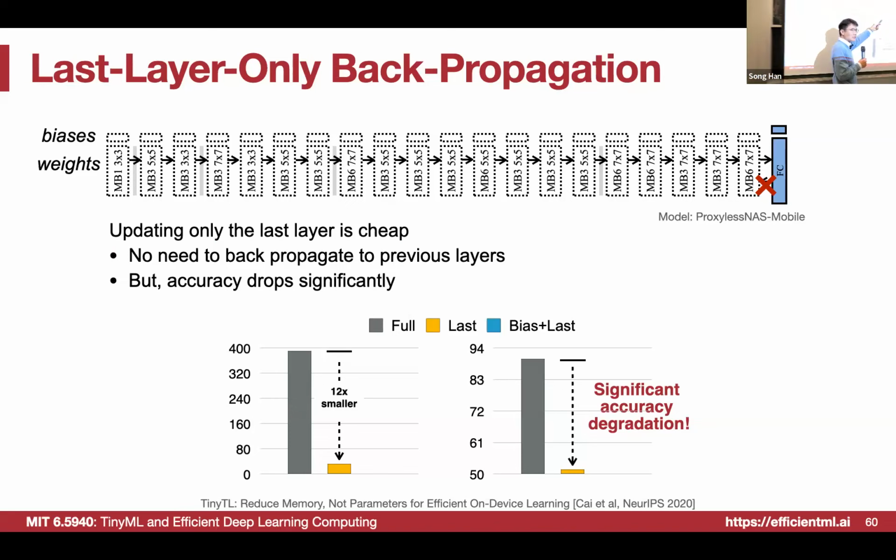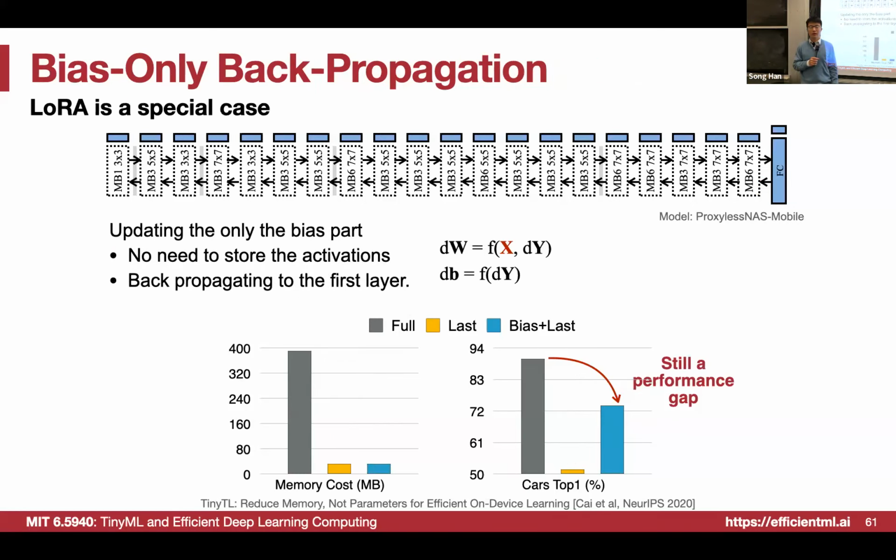Fine-tuning the last layer is a special case of sparse learning. It's so sparse that we are just learning the last layer only. It's very cheap, with no need to backpropagate to the previous layers, but the accuracy drops very significantly, although the trainable parameters also drop. Bias-only fine-tuning can also be thought of as a special case of sparse learning. We are not learning the main weights, but only the biases.